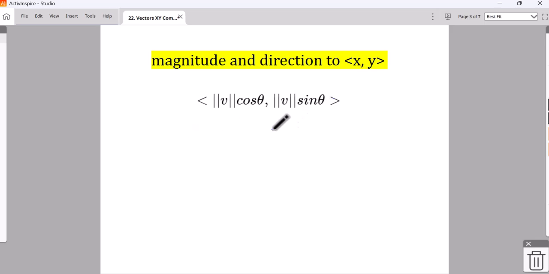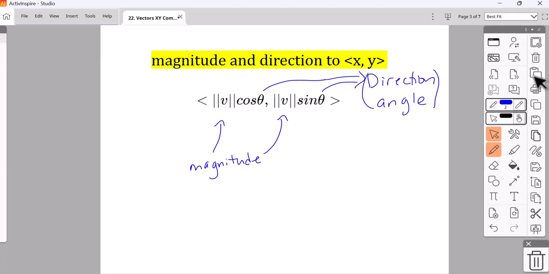So take a second and copy this down. Remember that this means magnitude and this means direction.